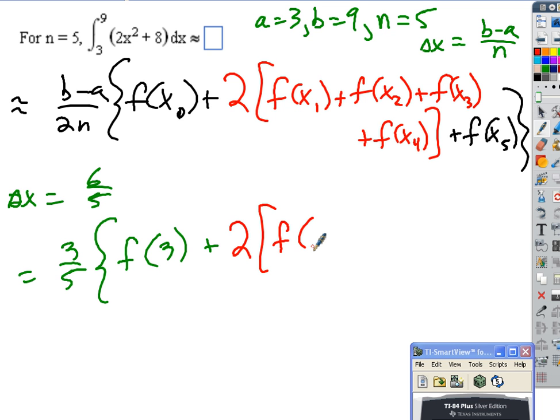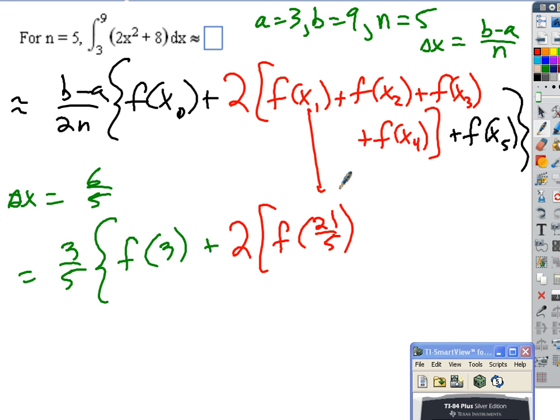Wait, 3 plus what? Delta x. We're just walking over in steps of width 6/5. That's x sub 1. Why? Because it's a plus i delta x, right? So it's a, which is 3, plus 1 times delta x.